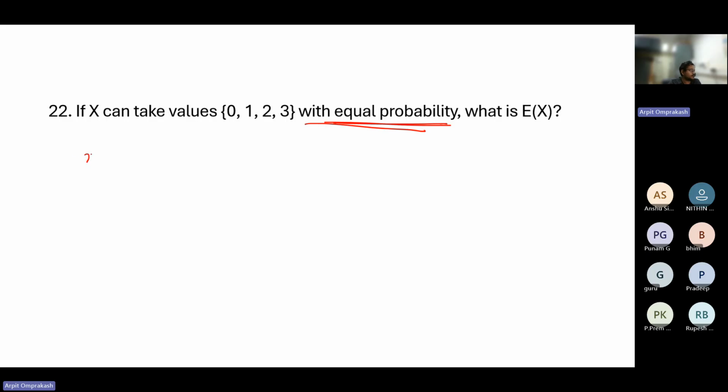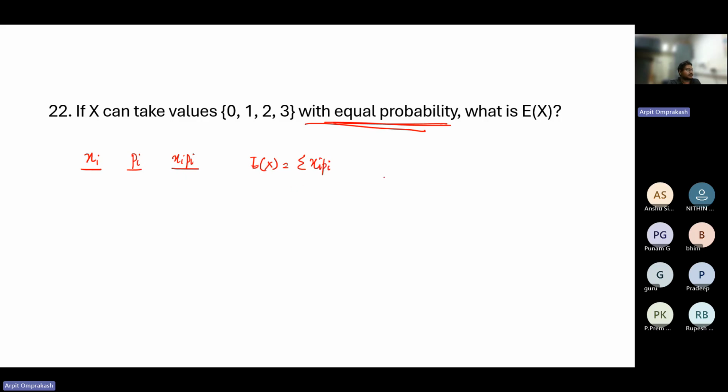So one way to do it is we have xi and pi, and you write xi pi, and your expectation of x is nothing but the summation of xi pi.